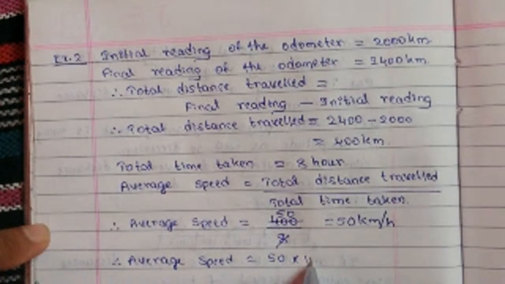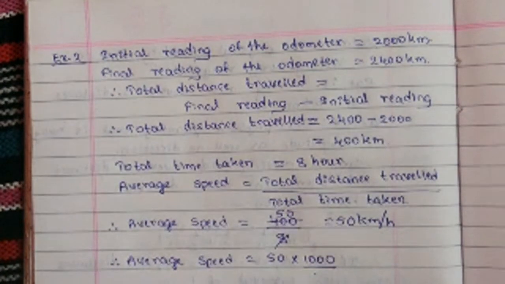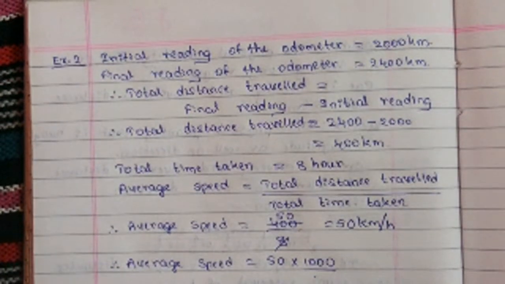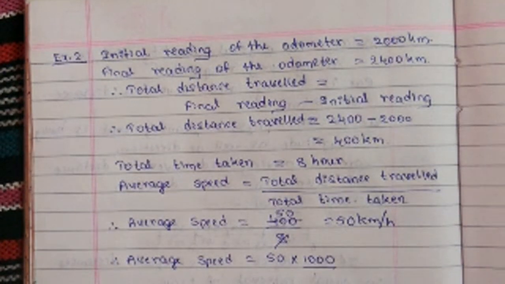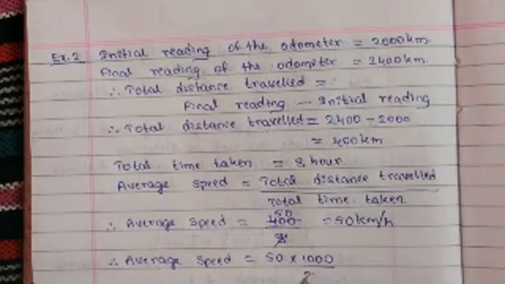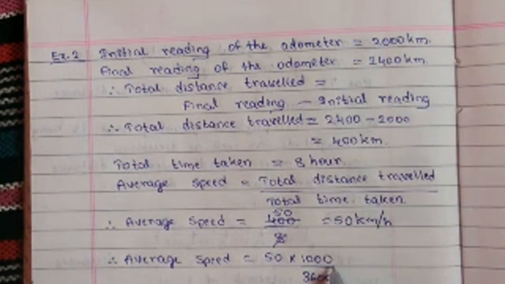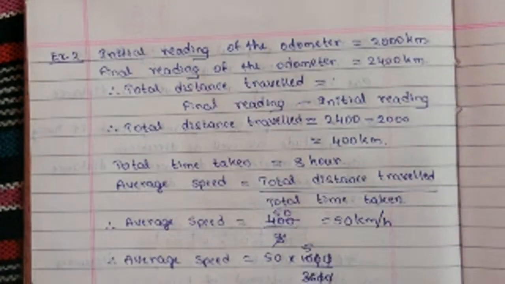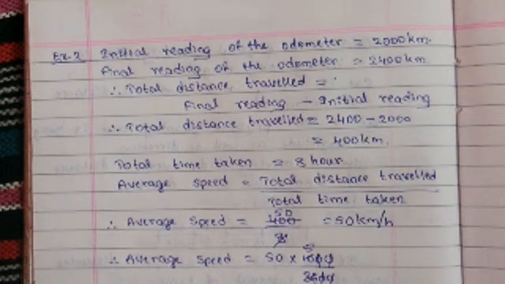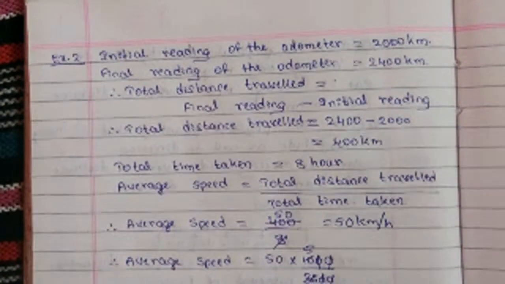Kilo means 1000, per hour means for 1 hour 60 minutes, and for 1 minute again 60 seconds, therefore it becomes 3600. So the zeros get cancelled. Similarly the zeros get cancelled. 2 fives are 10, 2 eighteens are 36.